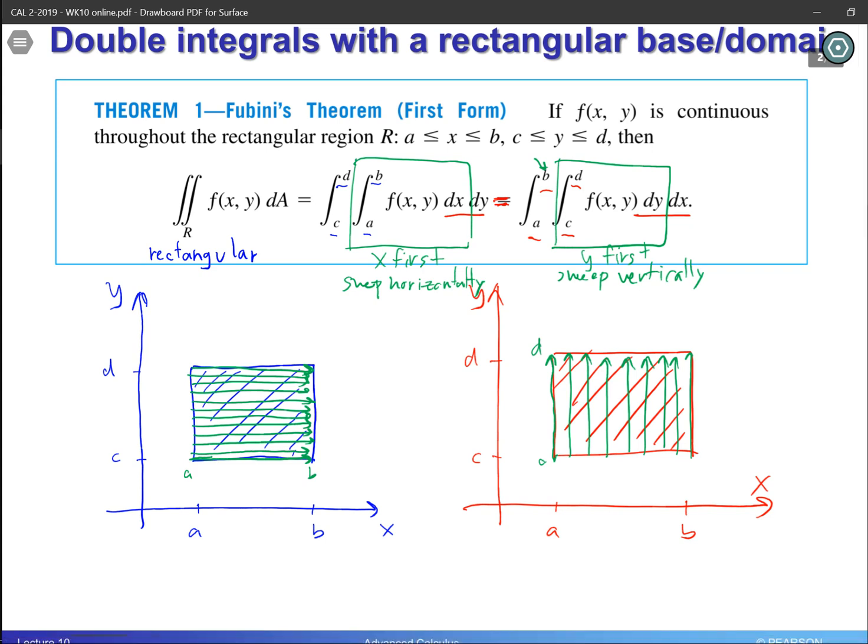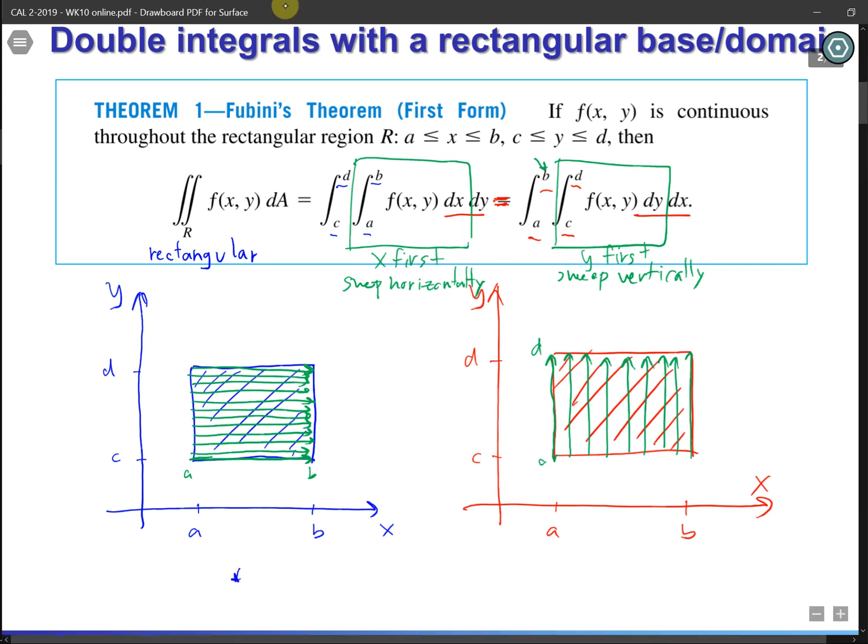Well, the result here is the same for the rectangle, but it's not going to be the same for the general domain. So you might take a note here: same result for rectangle, but not always for the general domain.